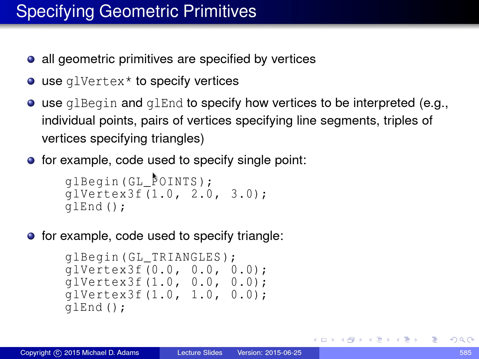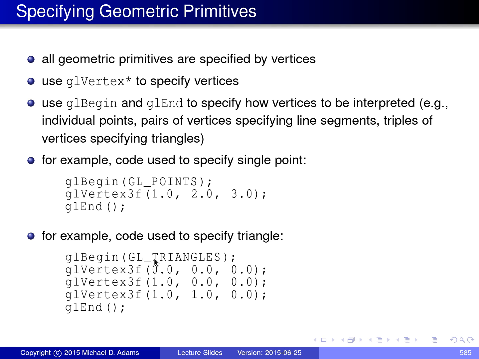So for example, if we want to specify a bunch of individual points, we would call glBegin and specify as a parameter GL_POINTS, where GL_POINTS says that all of the glVertex commands that follow are specifying individual points in space. So we're going to be essentially drawing points. And then we terminate the drawing process with glEnd, or the specification of vertices is ended with glEnd.